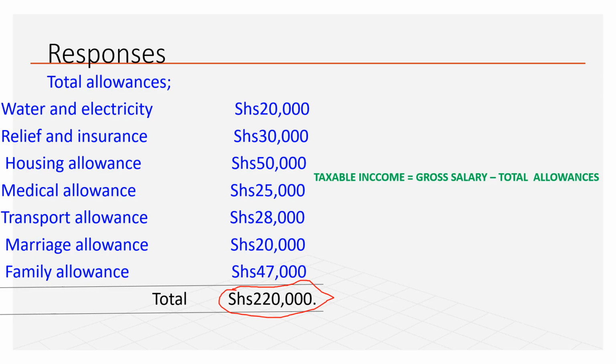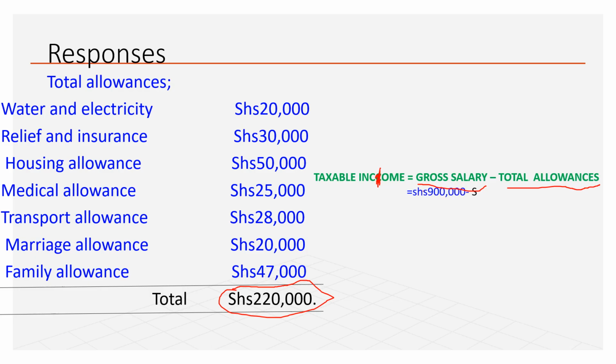So what we shall do is we need to first know how much is to be subjected to taxation. Meaning we need to first subtract our total allowance from the gross salary. So that will be gross income minus total or gross allowances. Gross means total. So the total salary minus total allowance gives us the total amount of money that's to be subjected to taxation.